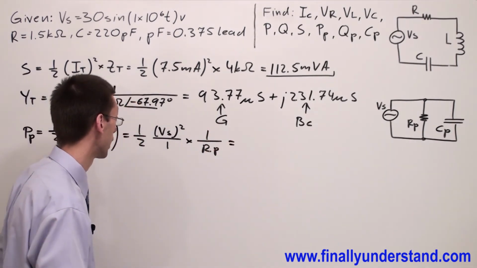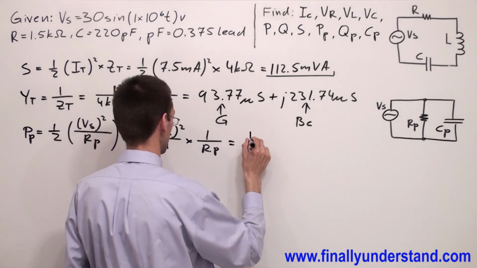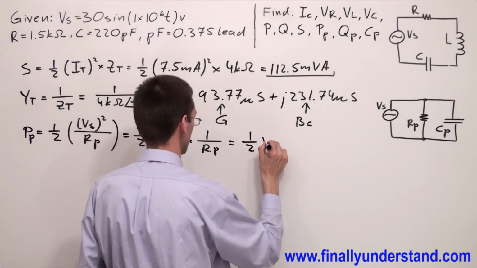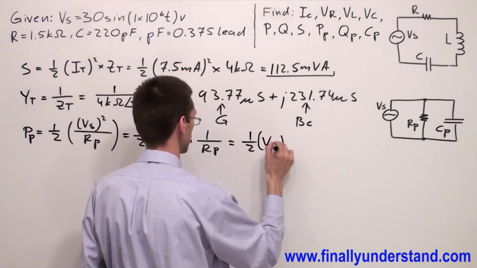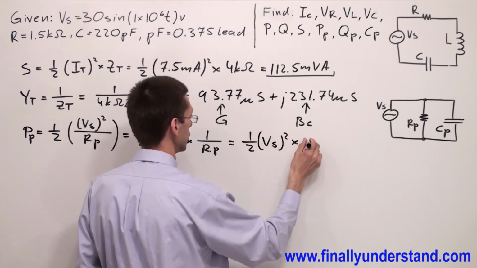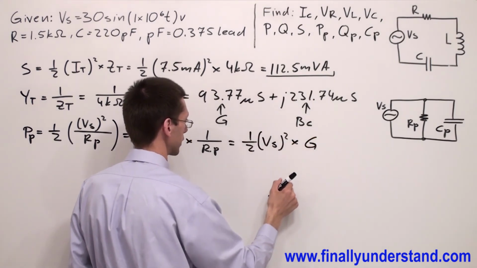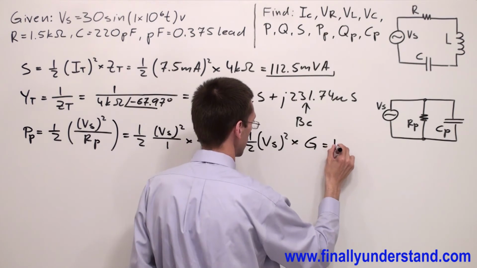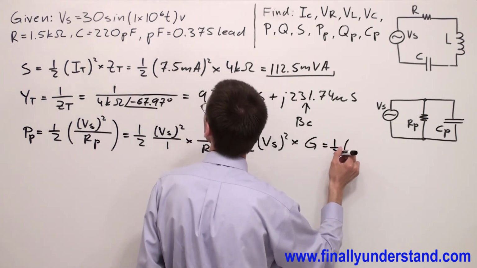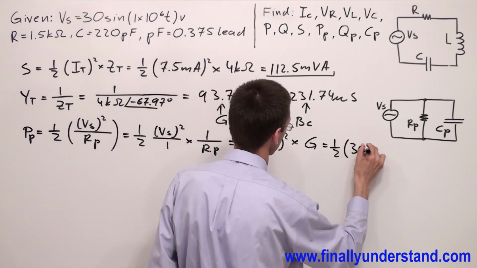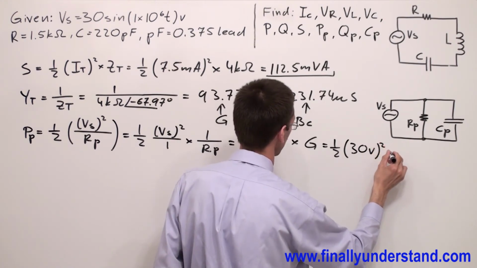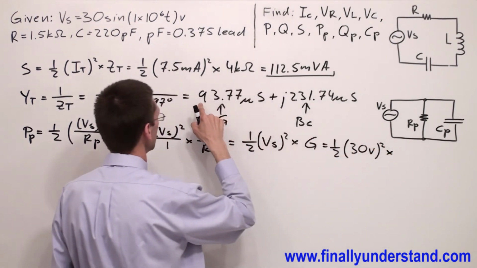So I can rewrite this expression as 1/2 voltage source raised to the second power times G.